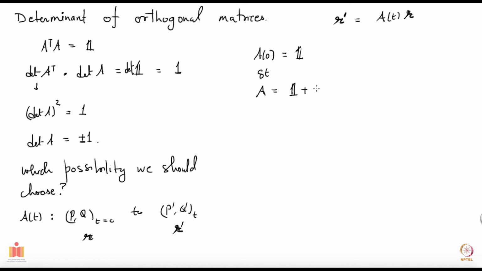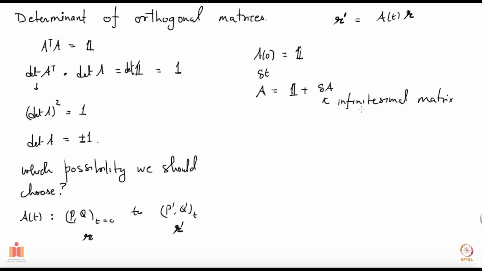So in addition to identity, you have a little bit extra, and I will write that extra as some delta A here, and this delta A is an infinitesimal matrix. Is that clear that this is the thing we should write? So my matrix A differs by an infinitesimal amount from unity.